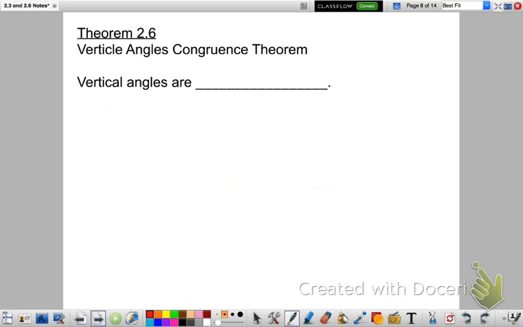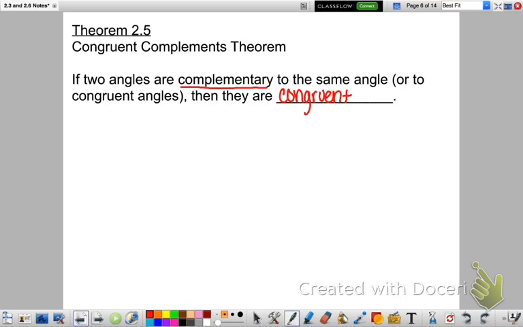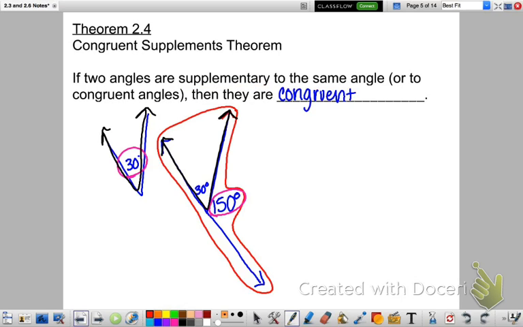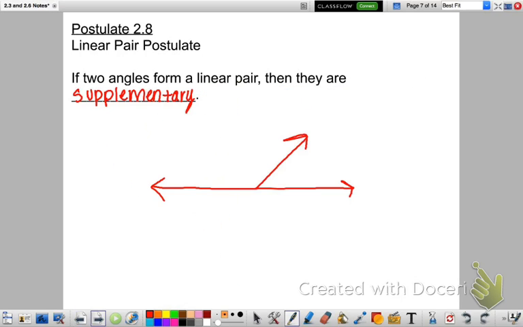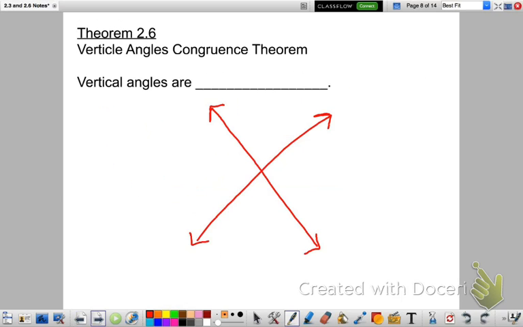Vertical angles. Okay. This is going to follow the congruent supplements theorem. Okay. We have angle 1 and angle 2. Angle 1 and angle 2 are supplementary with 3 and 4.